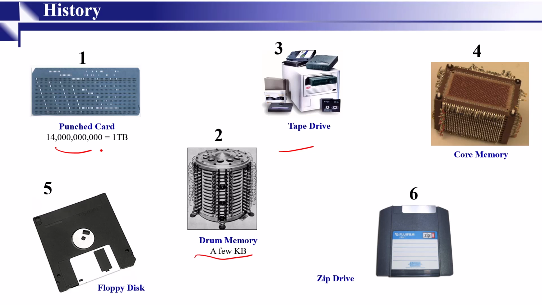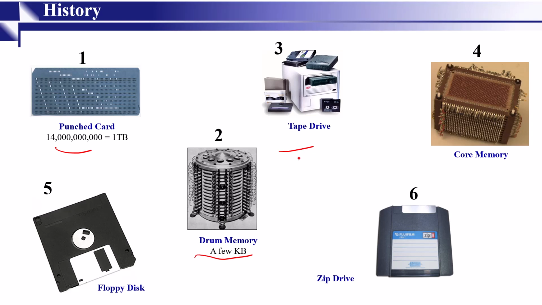Punch cards are used to store and input data by encoding information as a pattern of holes in stiff paper. Then we had drum memory, an early form of magnetic storage where data was stored on the surface of a rotating metal drum, and that drum was coated with a magnetic material.